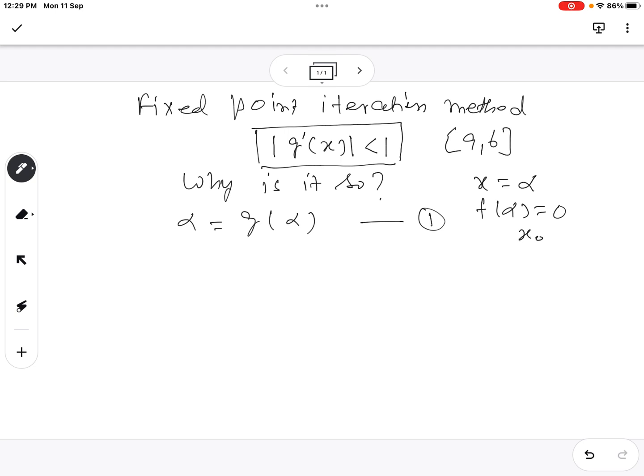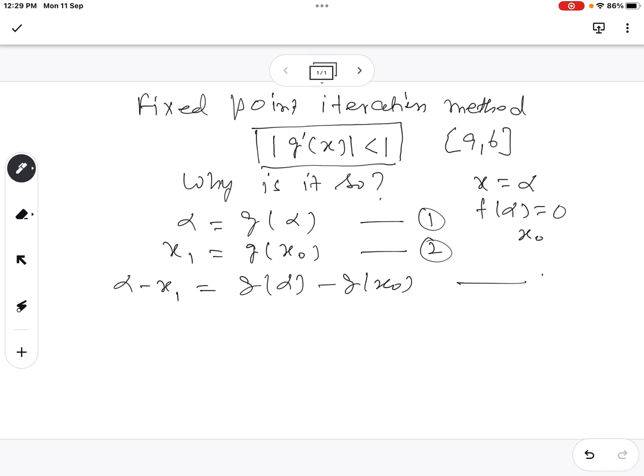Let us say that the initial approximation is x0. So the first approximation will be x1 equal to g at x0, and if I subtract equation 2 from equation 1, then I can write it as alpha minus x1 equal to g at alpha minus g at x0.